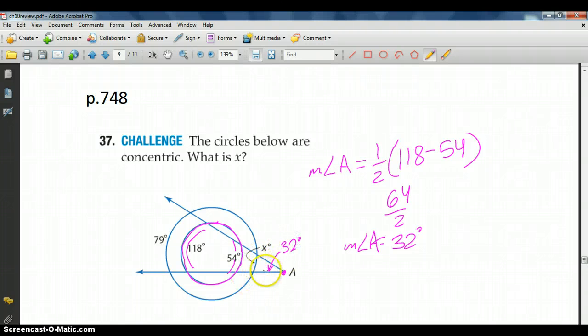Now we have enough information to solve for x, because we have the angle on the outside and we have one of the intercepted arcs, and we want to find the other intercepted arc, and now we're looking at this larger circle. So we're using the same theorem. We're setting it up so that the angle on the outside of the circle is always equal to half of the difference of the intercepted arcs, the arcs being 79 and x.